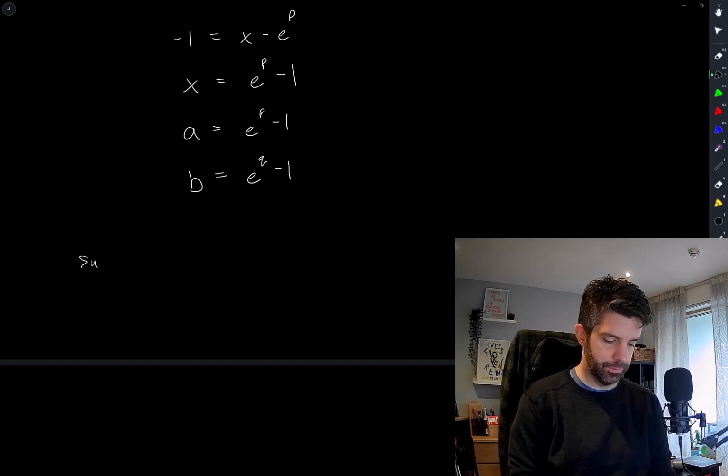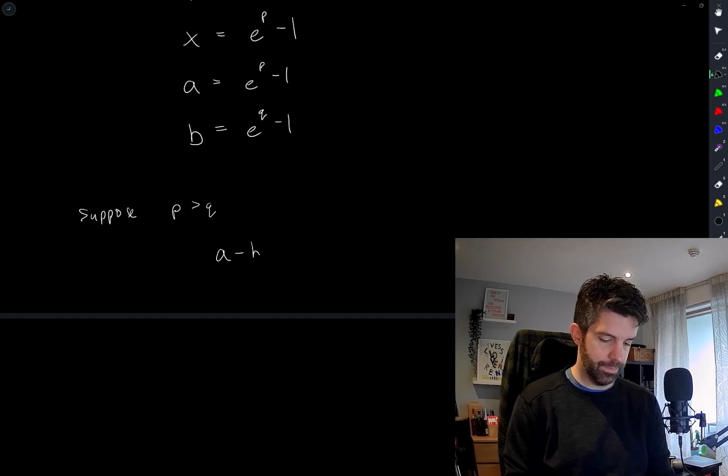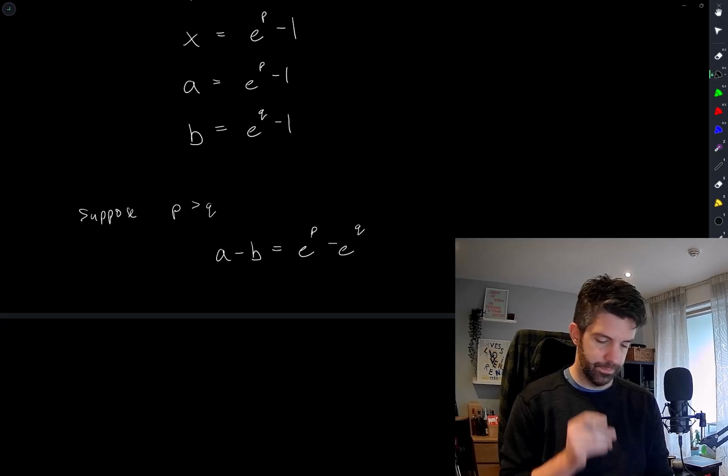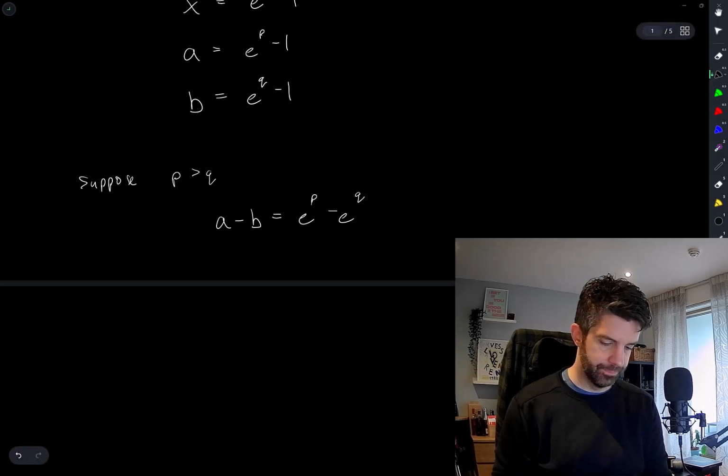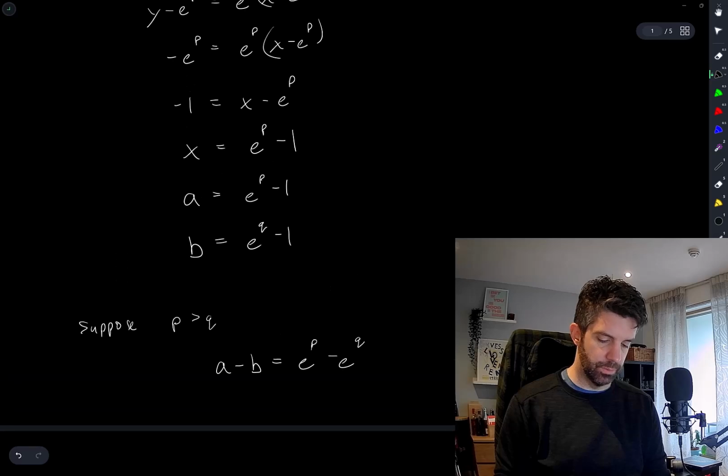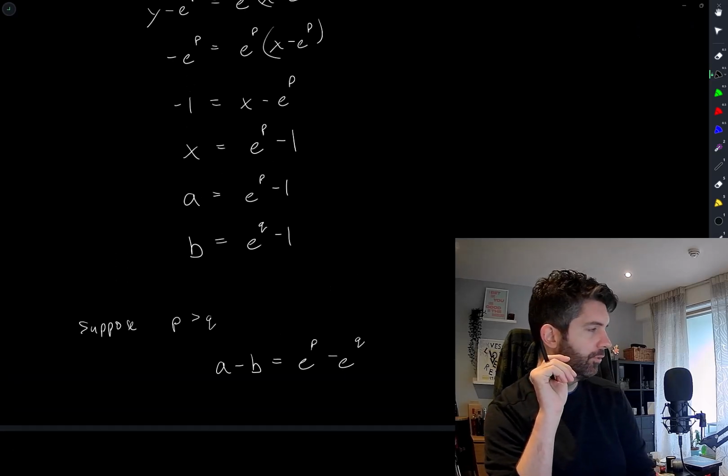Let's suppose p is greater than q for now. Then I have a minus b is equal to e to the p minus e to the q. Some of the relations we have do involve an a minus b if you rearrange them. But e to the p minus e to the q, can we say that this is greater than p minus q?